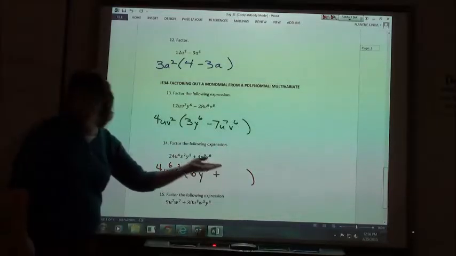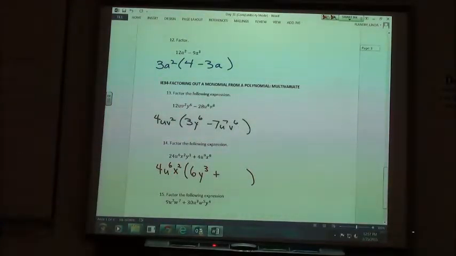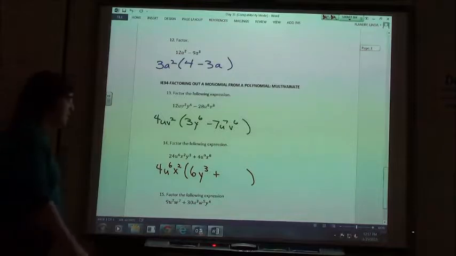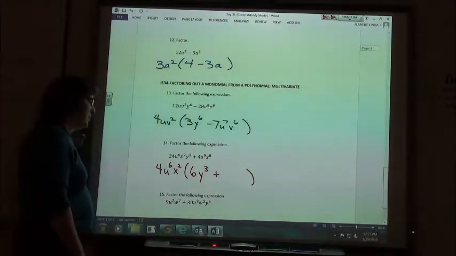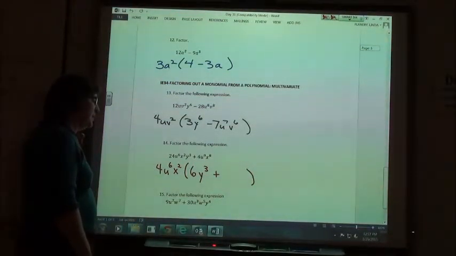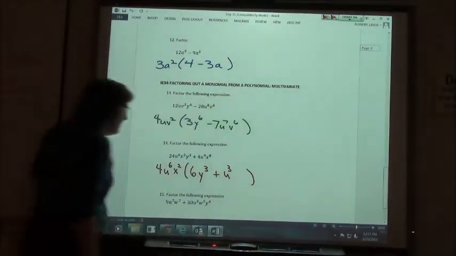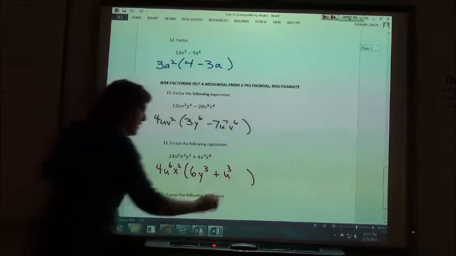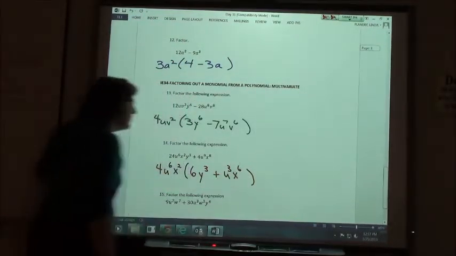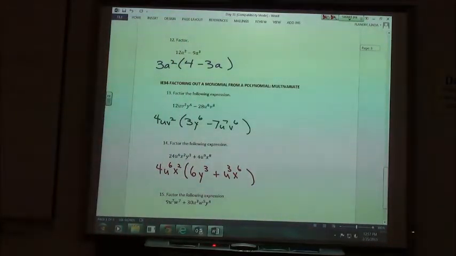You don't really need to write the 1 unless there's nothing else left over. This is where I'm going to get u to the 3rd? Yep. Okay. And x to the 6th? x to the 6th. Because you're subtracting them? Because you're subtracting them, right.